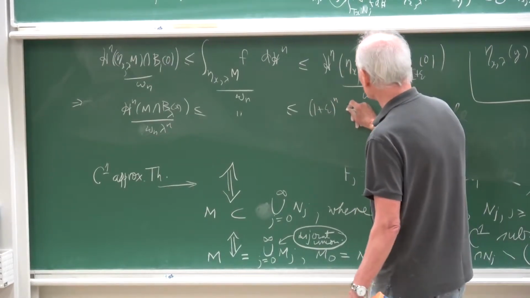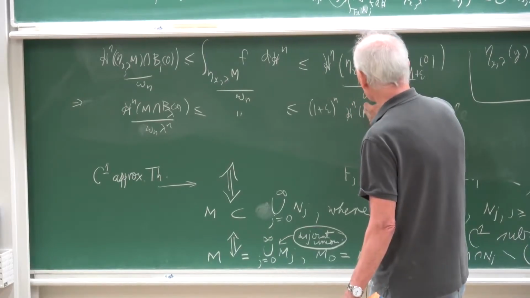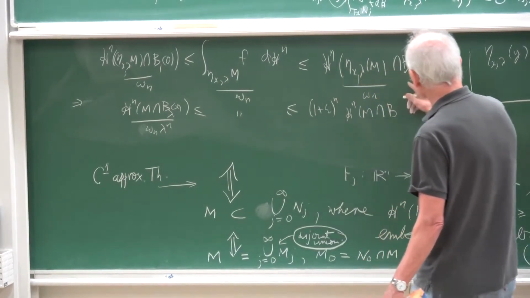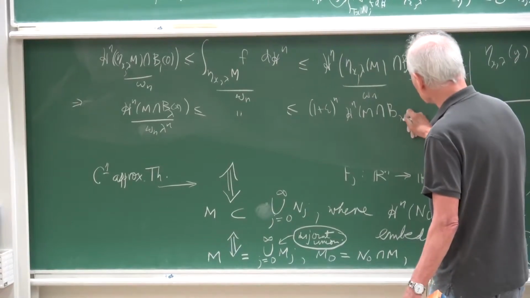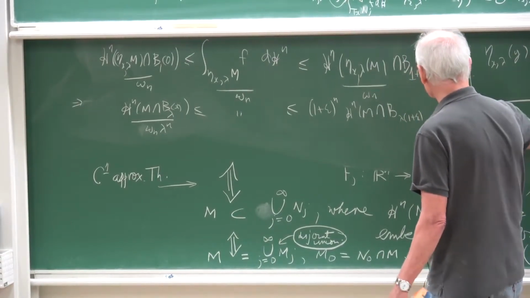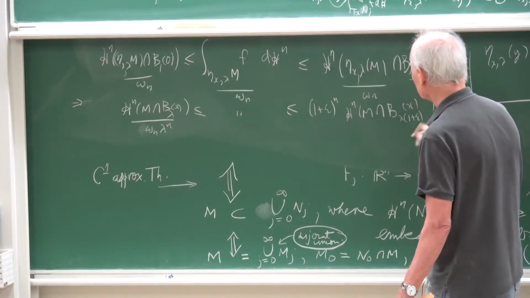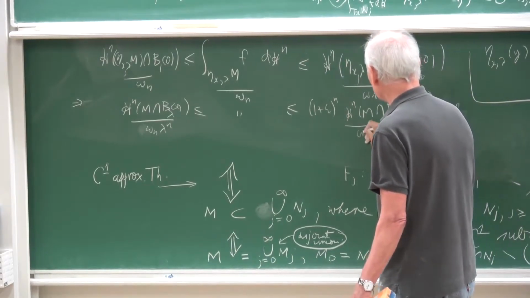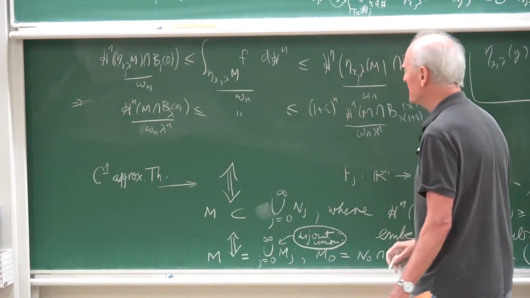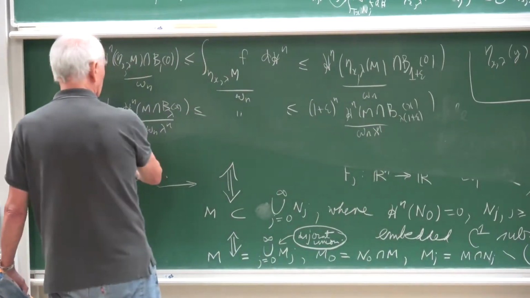Otherwise the same, so we get H^n of M intersect the ball of radius lambda times (1 plus epsilon), centered at x, over omega n lambda to the n. So that's what we get.